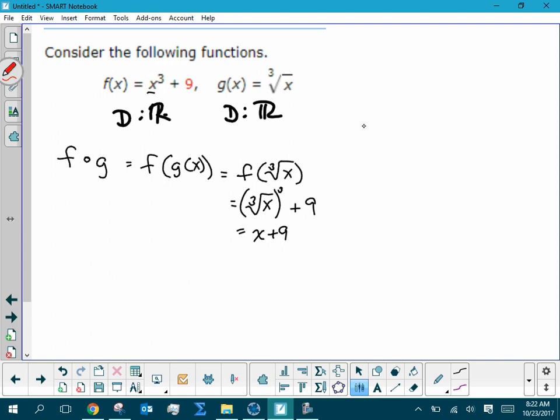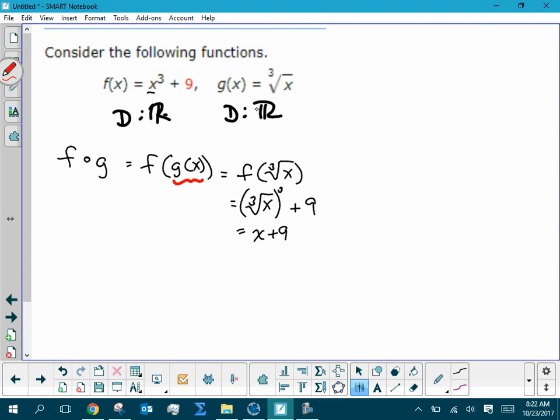Okay, so at this point, once I find the function that they're interested in, I've got to go back and think about how we determine the domain. And the first thing is to look at the input function. The input function in this case is g of x, and you have to incorporate domain issues that g of x may create. Well, we go to g of x, and we said its domain was all real numbers, right? There's nothing there that we needed to kick out. So that's good.